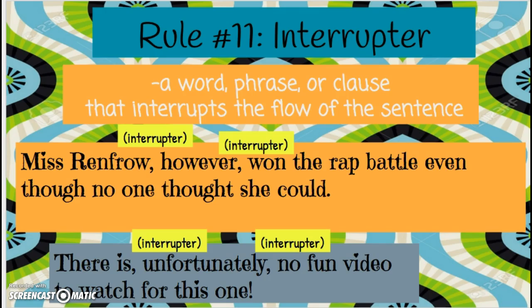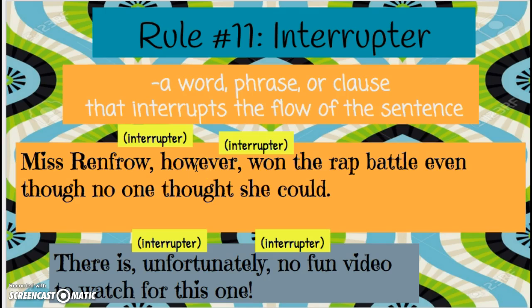Okay? Our final rule, and rule number 11, is called the interrupter. So this is going to be a word or phrase, or even a clause perhaps, that interrupts the flow of the sentence. So it says, Miss Renfro, however, won the rap battle even though no one thought she could. So the word however is interrupting my thought, okay?